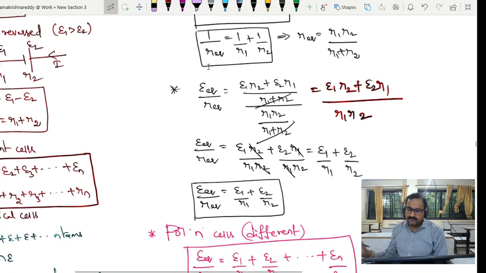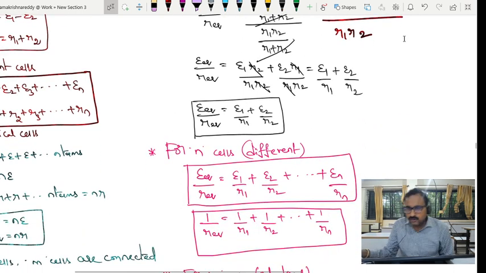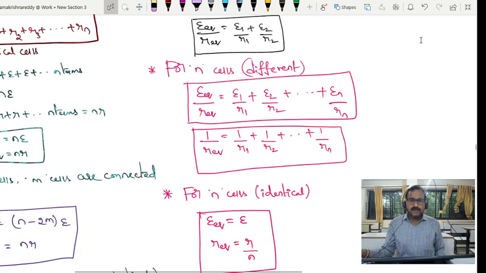Then I split that one: E1 R2 by R1 R2 as the first part, E2 R1 divided by R1 R2. So by solving that we got E equivalent by R equivalent equal to E1 by R1 plus E2 by R2.